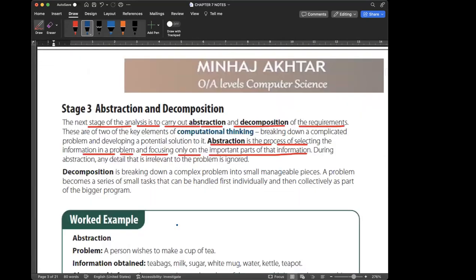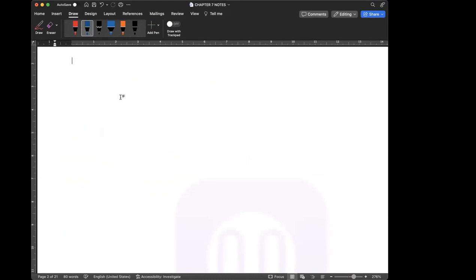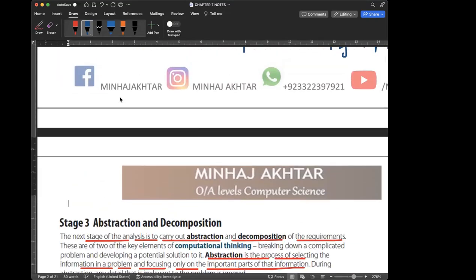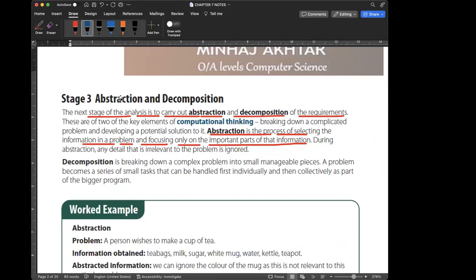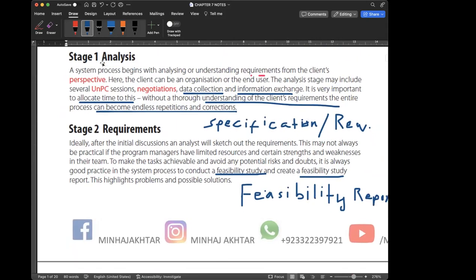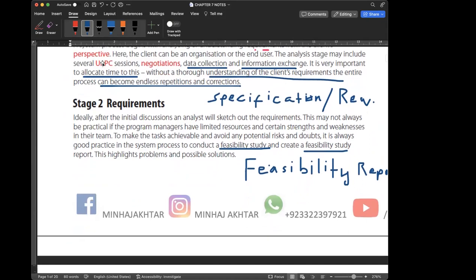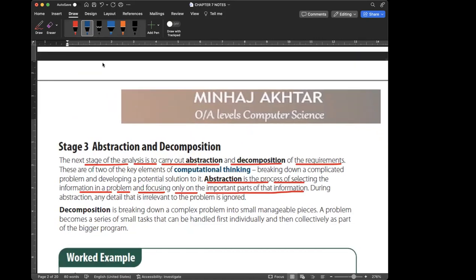Now, in the analysis stage, we are going to divide our program into stages. Those stages are abstraction and decomposition. So in analysis, stage one is the analysis. Stage two is the requirement, as we discussed about the requirements and needs of the program. And the third stage is abstraction and decomposition.